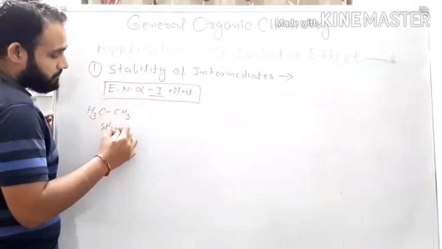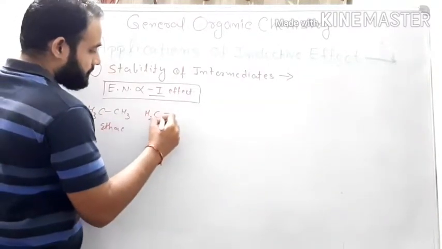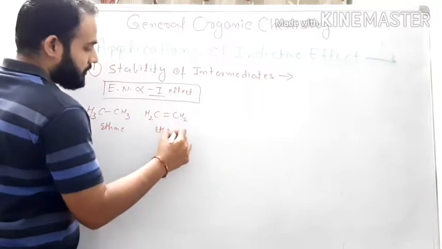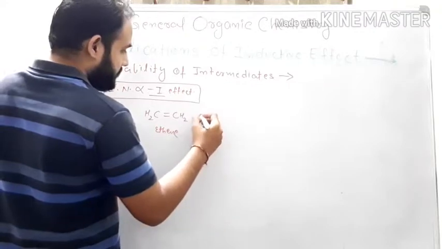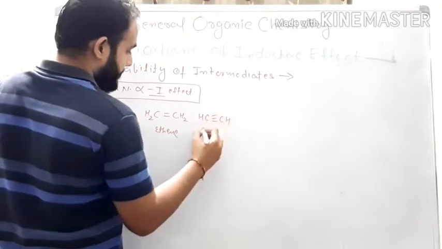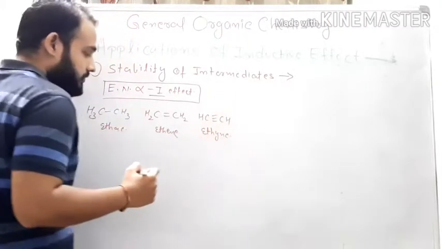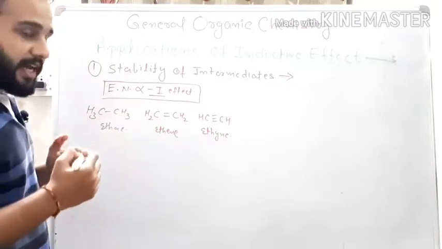ethane and ethene and ethyne. So we also have their respective cations or anions.